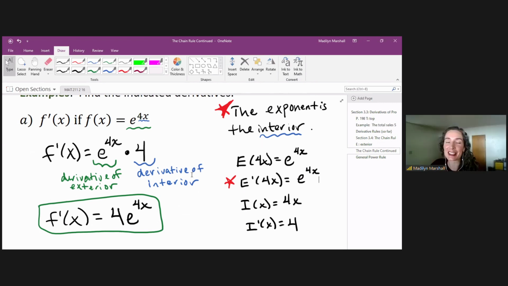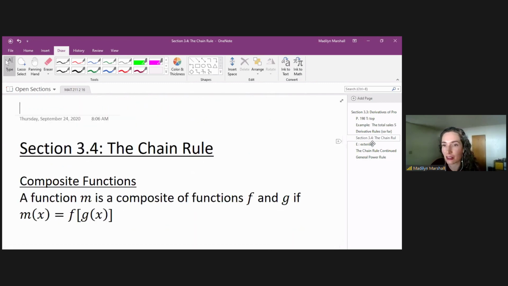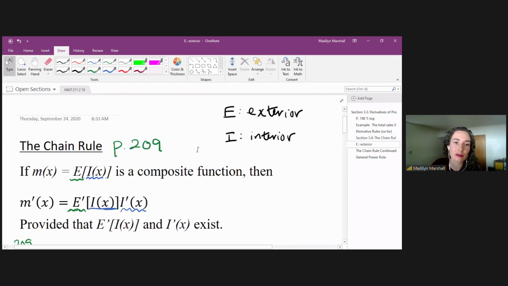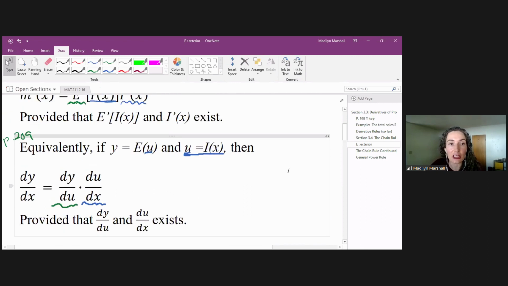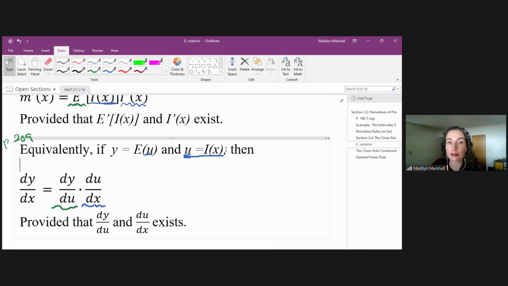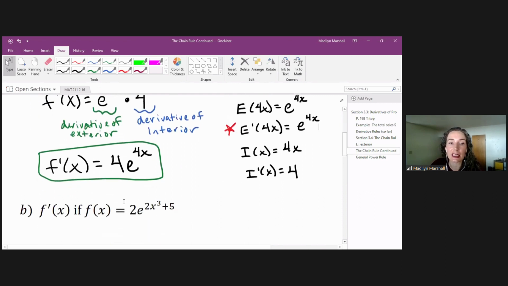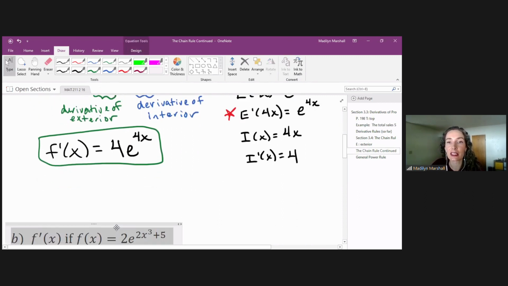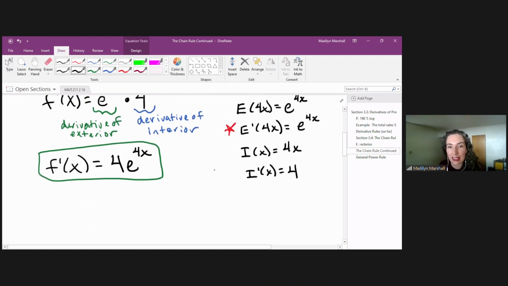And the other definition of chain rule, and it might help also, is to replace the interior with u at first. So this is another way to write the chain rule, which is instead of writing E, let me move this out of the way for a second, is to write the exterior with a U in it as just sort of a placeholder.